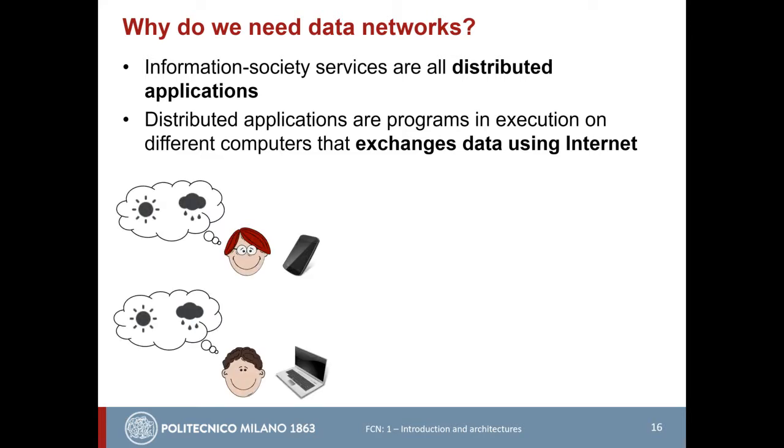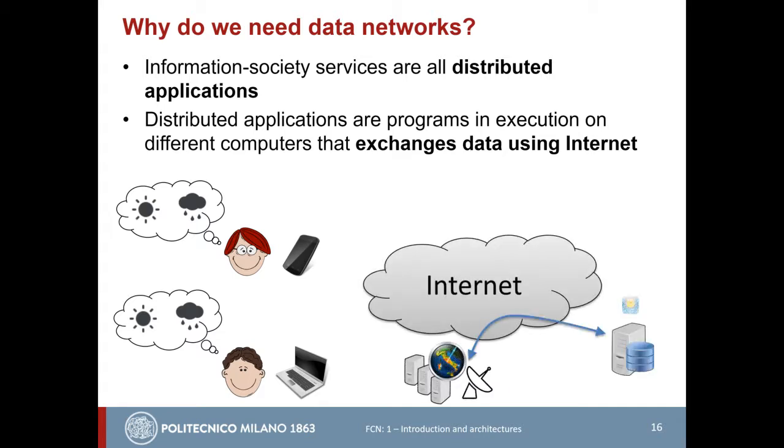For example, if you just think of a simple case, you want the weather forecast, you have access to the internet through a device that can be a smartphone or a PC. When you request a weather forecast, you receive information, but even if you don't realize it, the result that you receive is the final result of a very large distributed application.